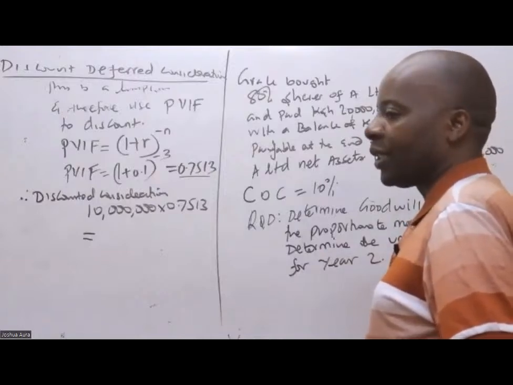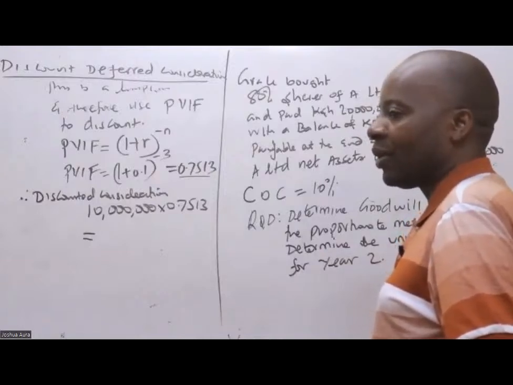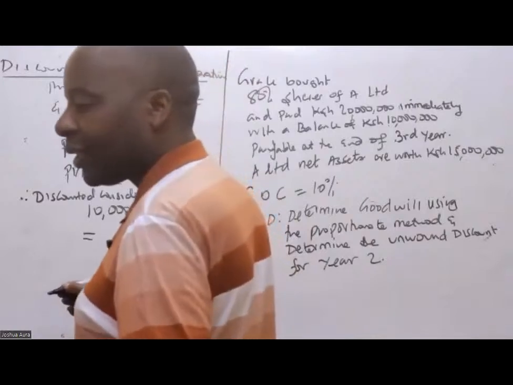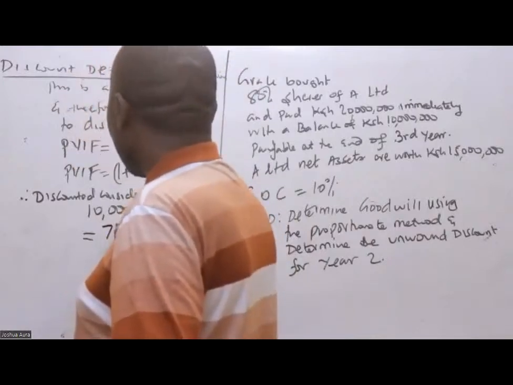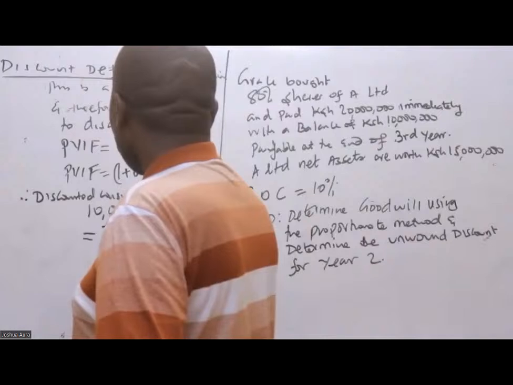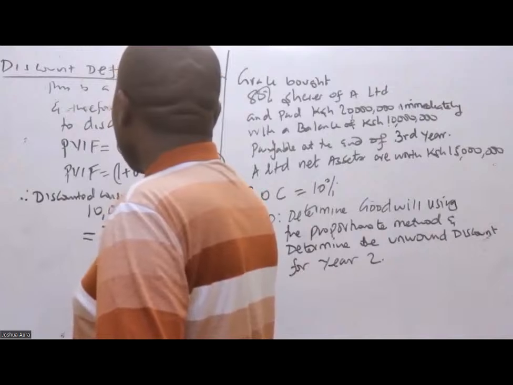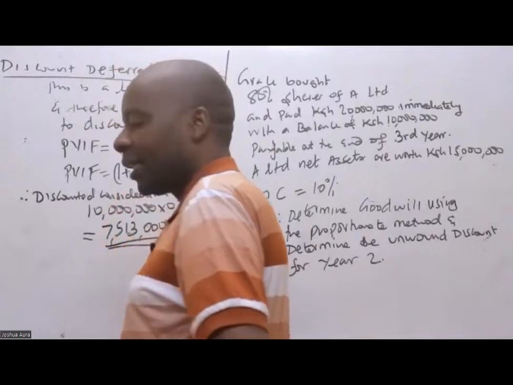According to Mona, we have 7513, but that is wrong, so 4 decimal places: it is 7,513,000.